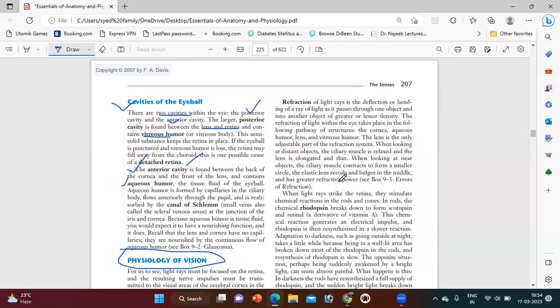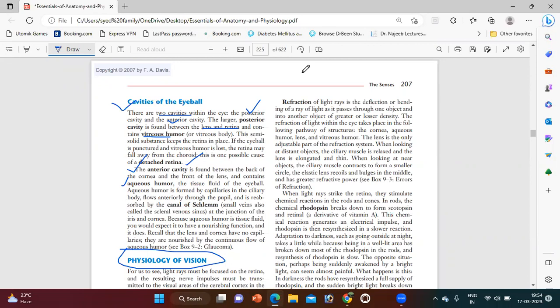So that's the reason the iris will dilate, and then the light rays enter into our eyeball. If the object is near, we have to focus, which means we have to zoom. So the ciliary muscles and the iris are constricted.